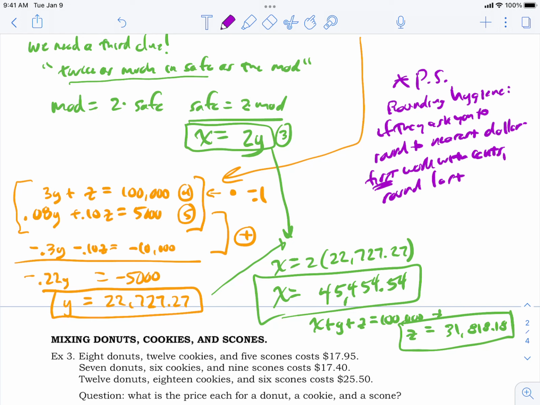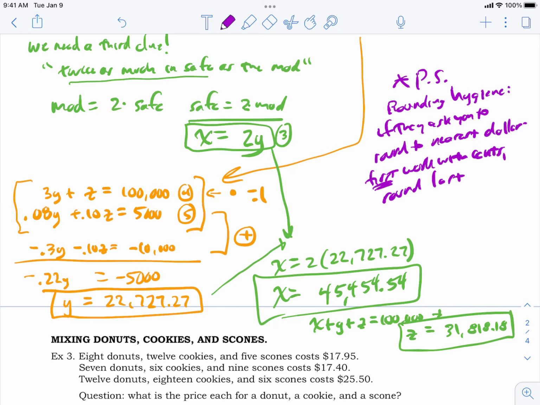And this is a general fact of life. Whenever it says round your answer to however many decimal places, you wait until the very end to do that rounding. If it says round to 2 decimal places, I'm carrying lots and lots of decimal places while I'm in the middle of the problem. It's only when I get to the very end that I'm going to round off. Point made, I hope.